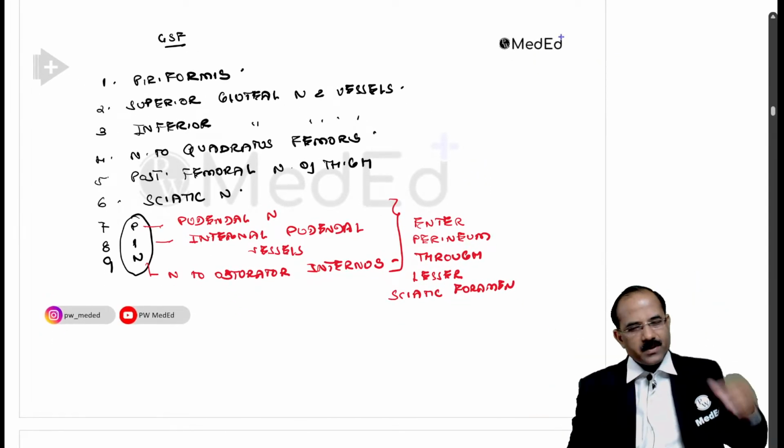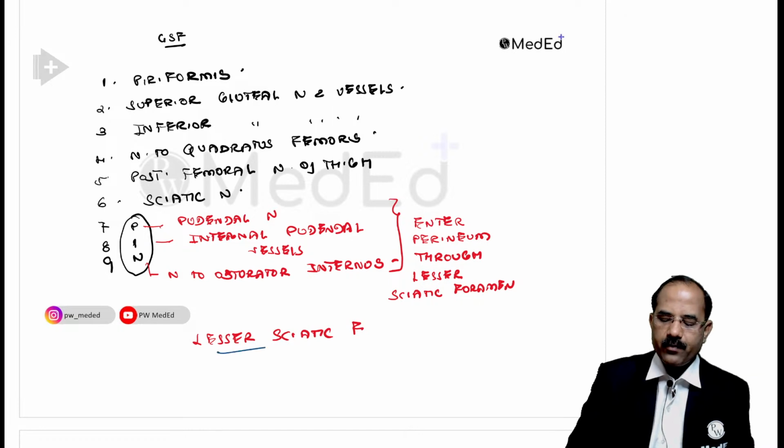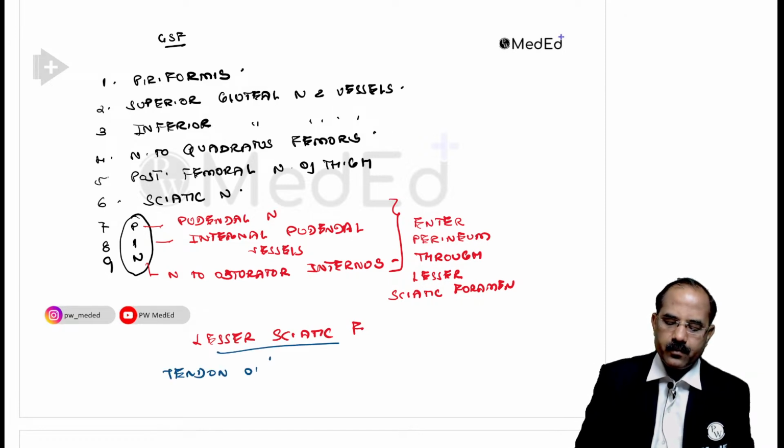So these are the structures which get out through the greater sciatic foramen, and the structure which gets out through the lesser sciatic foramen is the tendon of obturator internus.